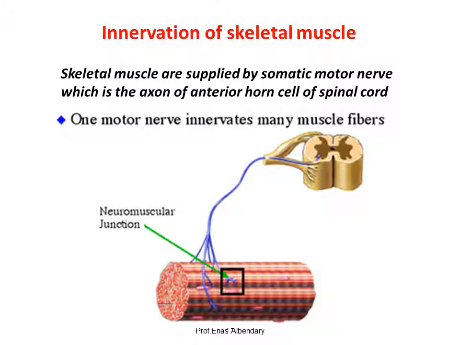So one axon supplies many muscle fibers. The contact between the axon, or somatic nerve fiber, with the muscle fiber is called neuromuscular junction.